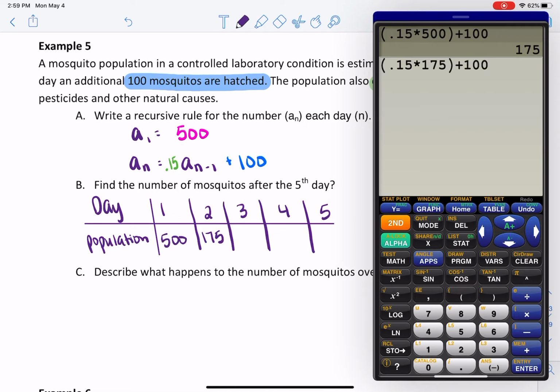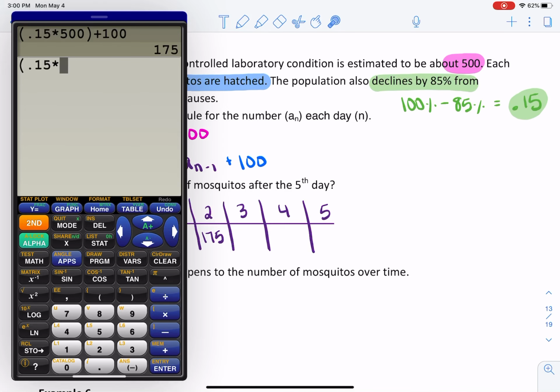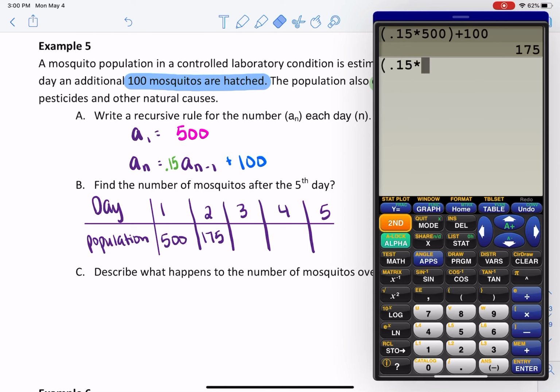But if you don't want to type this out each time, what you can do is take 0.15 times, and then if you click second and then the answer button, which is the negative number sign right next to the enter. So if you click both of those buttons, second answer, parentheses plus 100, it'll continue to do it as you click enter.